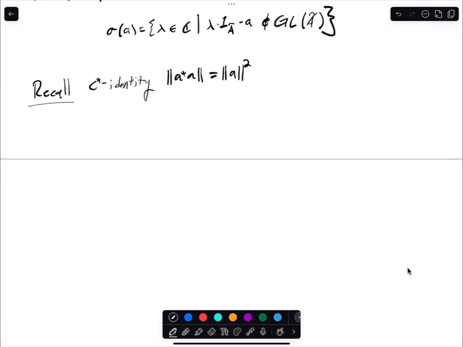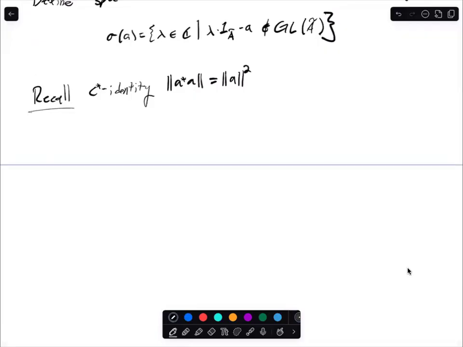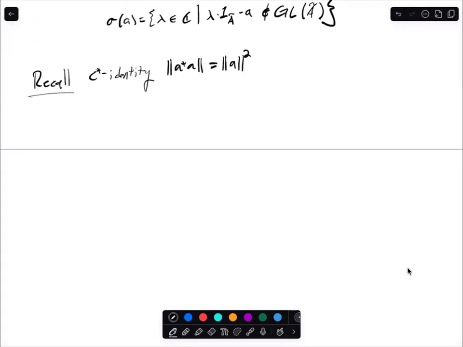And now that we've got this notion of the spectrum, which relates to invertibility, which is inherently an algebraic concept that can be defined for any algebra, in the presence of these analytic features like the C-star identity, you get a lot of power.